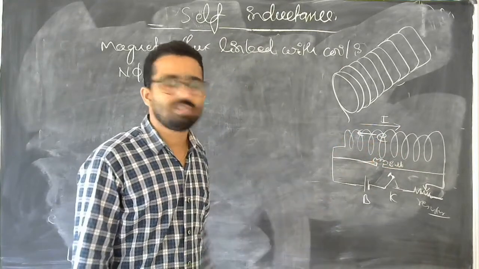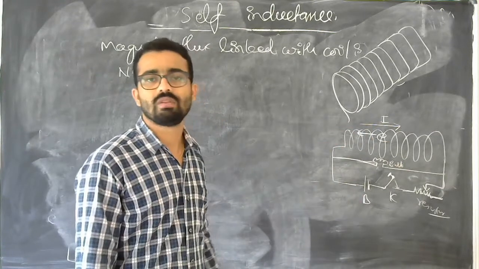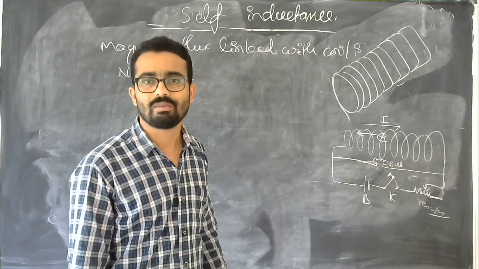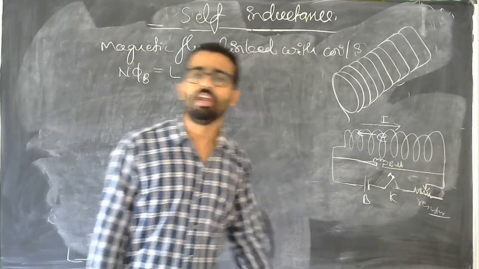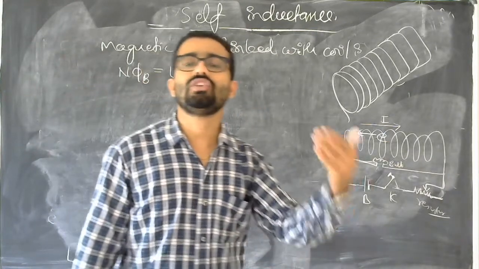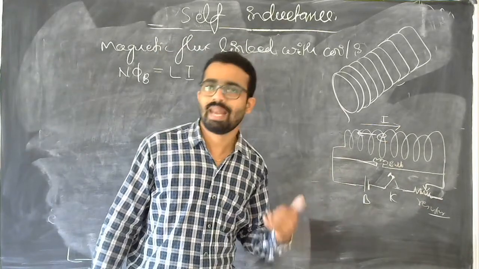How can we say that E will be in the opposite direction? From Faraday's law, the induced EMF will tend to produce a current which opposes the magnetic flux that produced it. It is also told by Lenz.